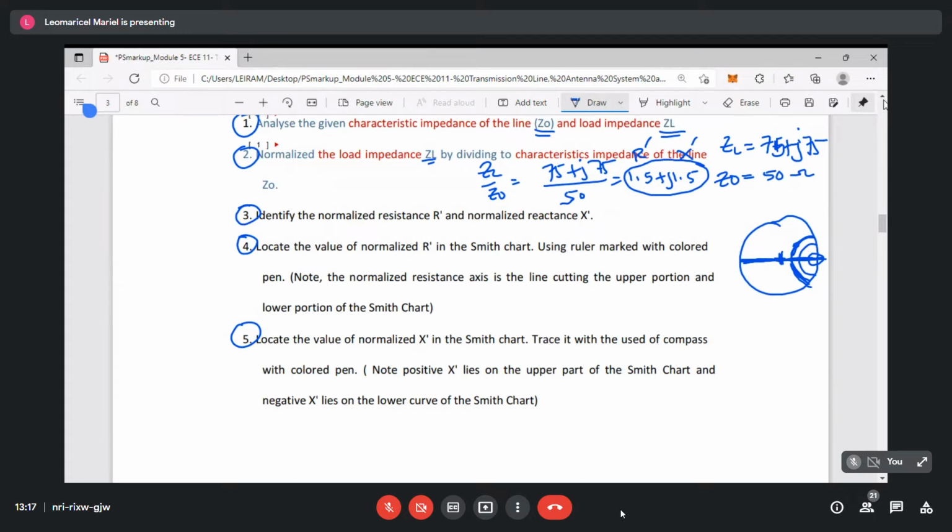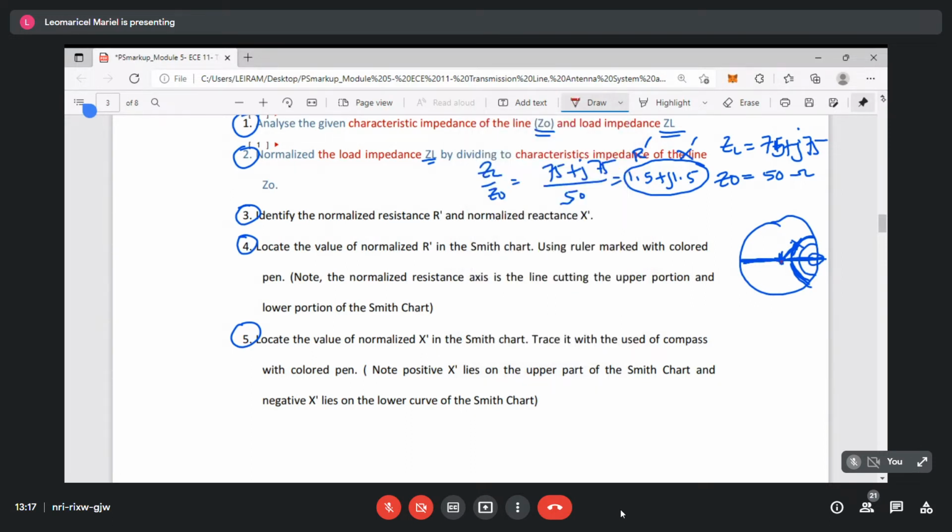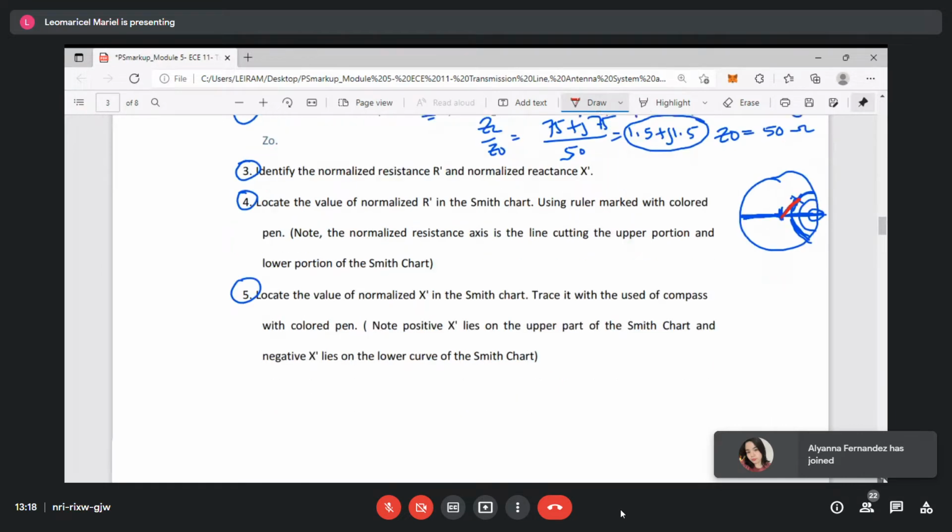Okay? Halimbawa, ang nakuha mong graph ay mula itong point na to. So kukunin mo lang yung portion na yun, susukatin mo lang hanggang doon. Okay? And that would be your value of the VSWR.